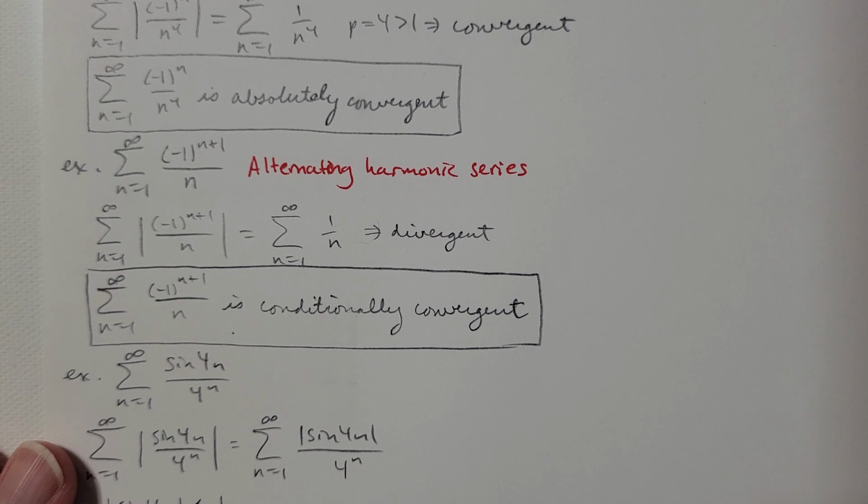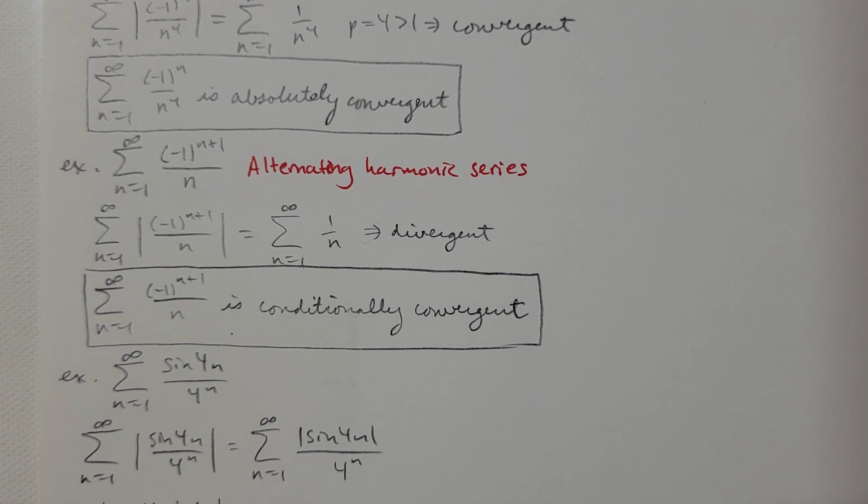Let's try another one here. Suppose that we have the summation as n equals 1 to infinity of negative 1 to the n plus 1 divided by n. This is the alternating harmonic series, the first example that I showed you in section 11.5, and that was a convergent series.